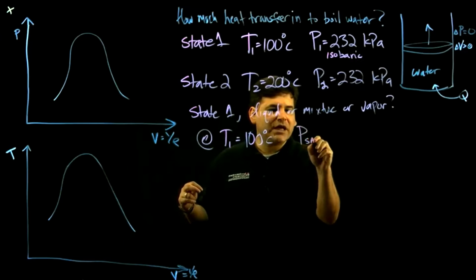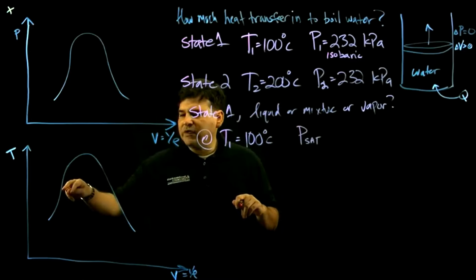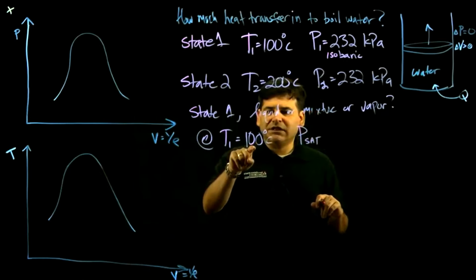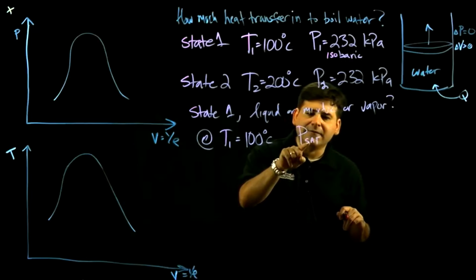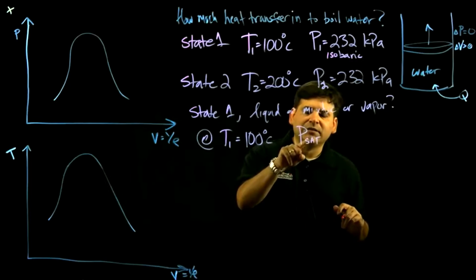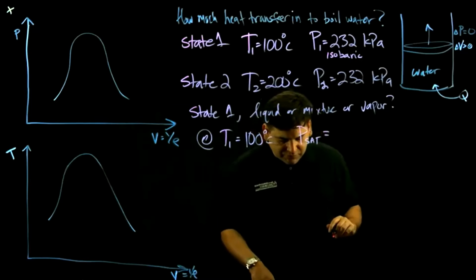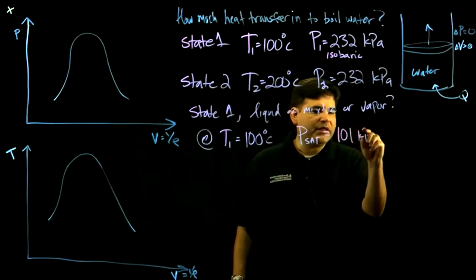That's called Psat. There's only one possible pressure that can be saturated. If 100 degrees C corresponds to a saturated condition, that means the pressure we are at has to be Psat. So if we look at the steam tables for this temperature, Psat is 101 kPa.